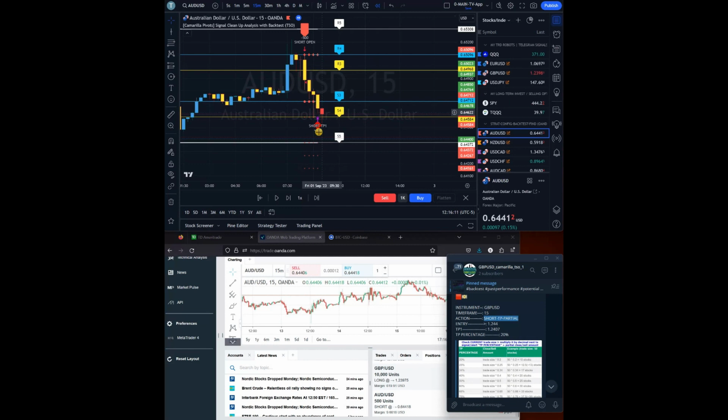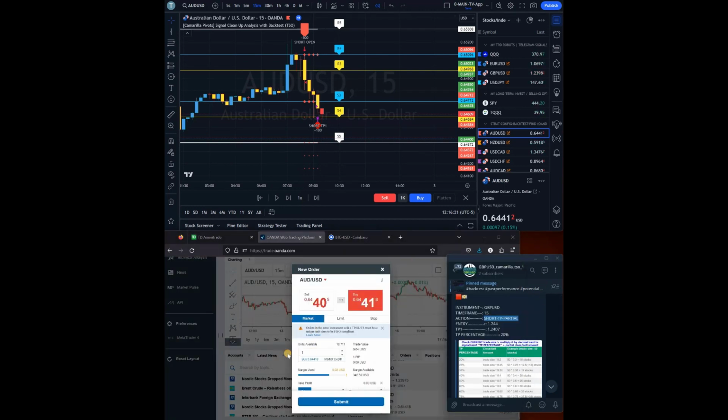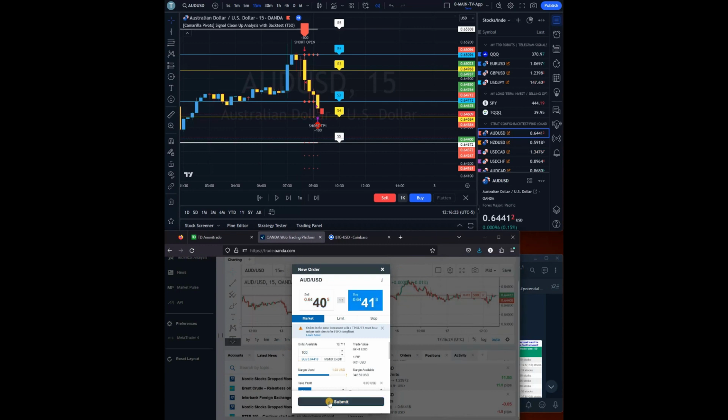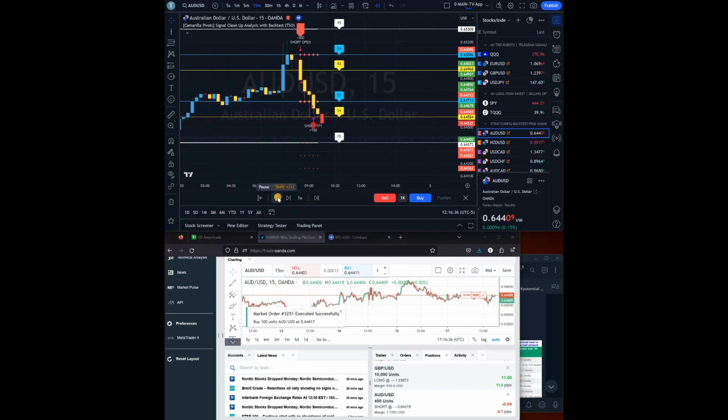So take profit 1 plus 100. Since we're in short, we actually need to buy. So we're going to buy 20%, which is 100 units. We're going to buy 100 units of AUD USD. Therefore, we're going to reduce our trade by 100 units, and we're going to have 400 units remaining. Let's continue.